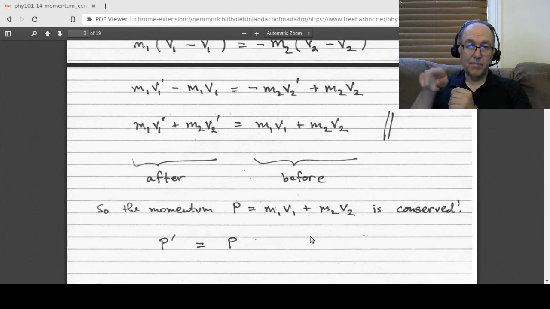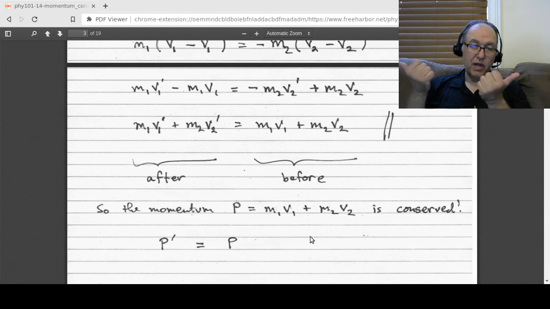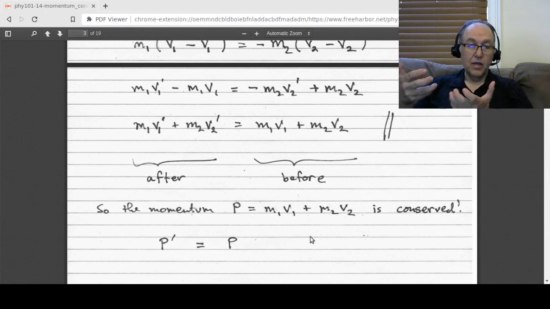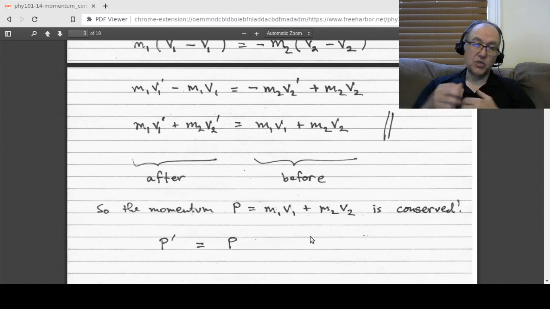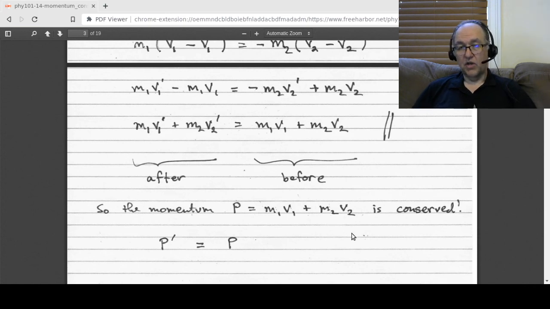And those equal but opposite forces are going to cause accelerations on each of the masses, and those accelerations are related to one another because of Newton's third law. And you can get those accelerations by Newton's second law. Reduce the forces to the accelerations using Newton's second law, and the accelerations are just changes in velocities, and out comes the conservation of momentum.